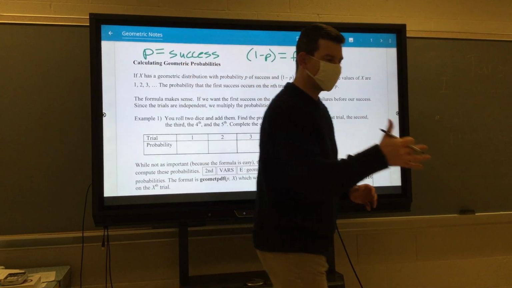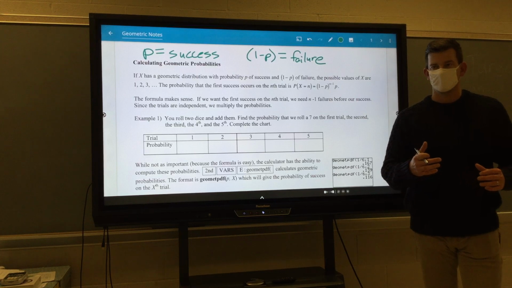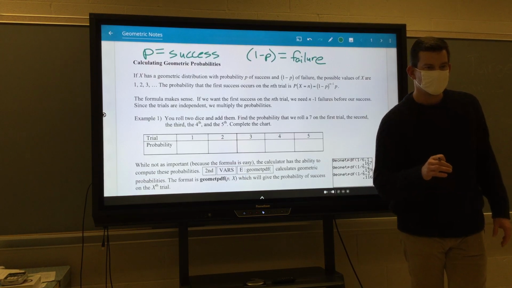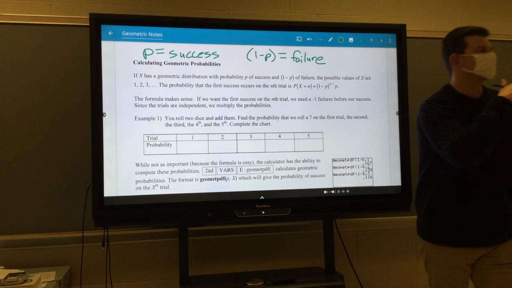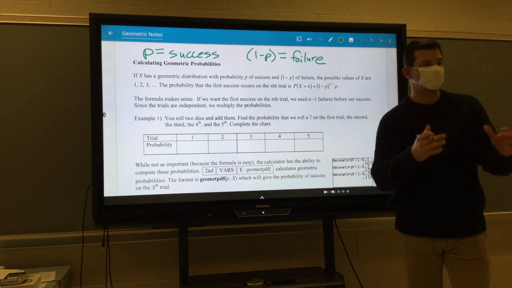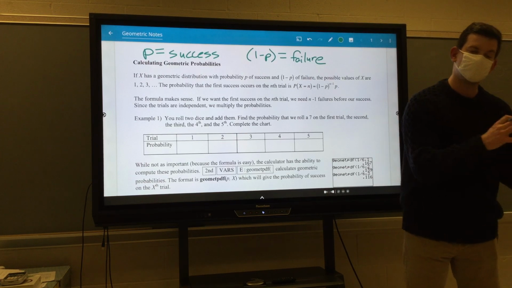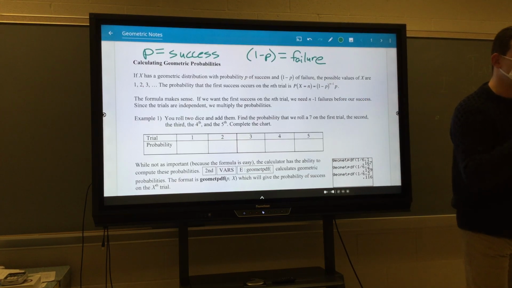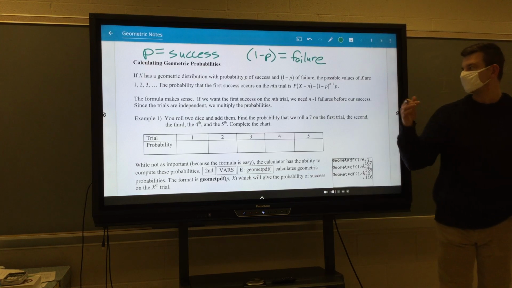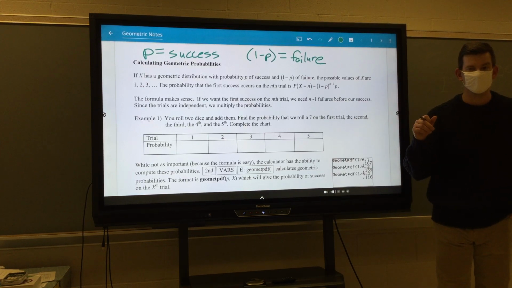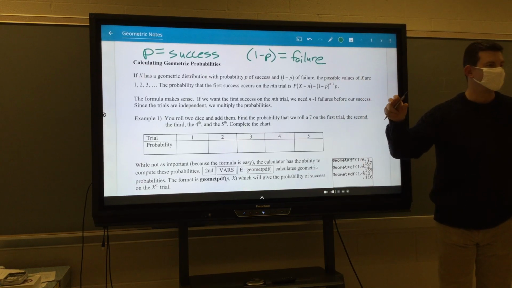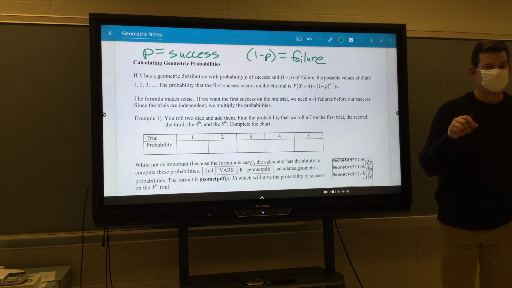This is our counting principle in action, where if you are flipping a coin and your first head occurs on your 4th flip, that means you have 3 failures ahead of that. n is when that success occurs, so n minus 1 gives you the number of failures you have before you get that success. So this is literally just failure times failure times failure times success.